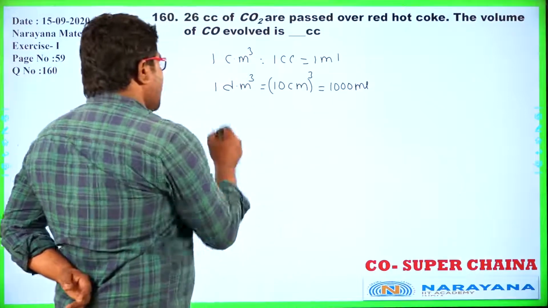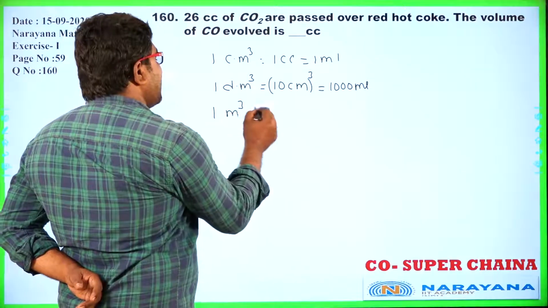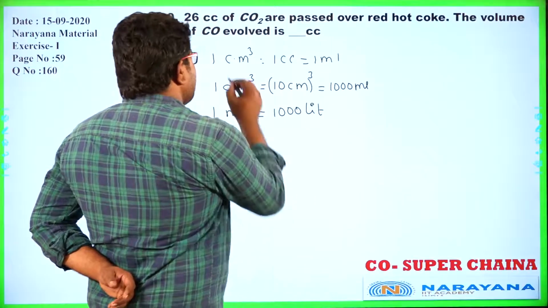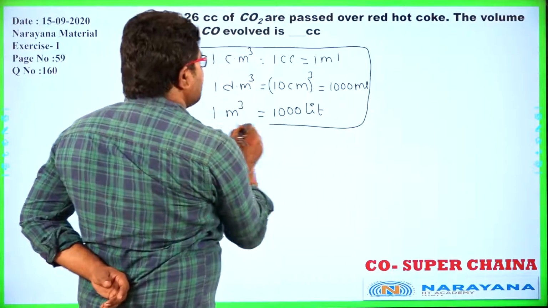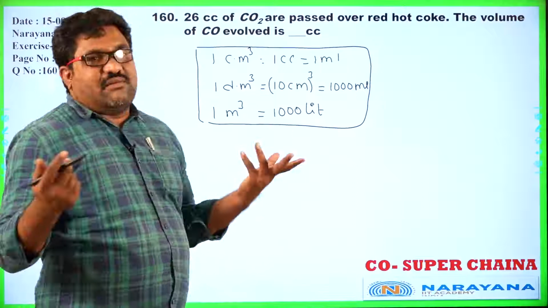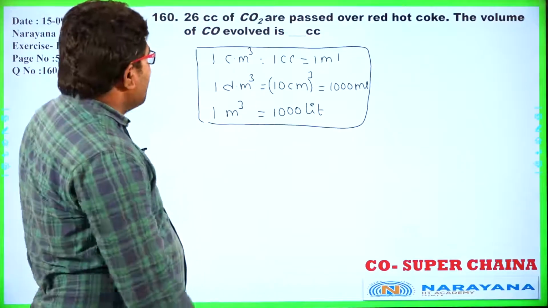Similarly, 1 meter cube is equal to 1000 liters. These are the commonly used volumes. So 1 cc is nothing but 1 ml.